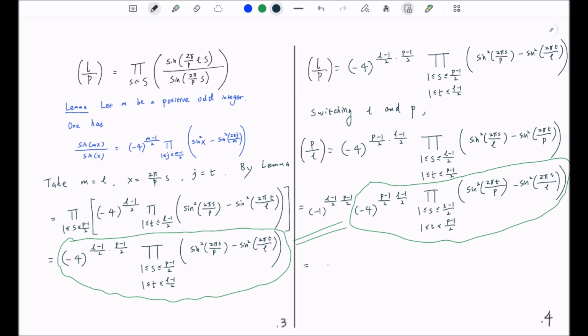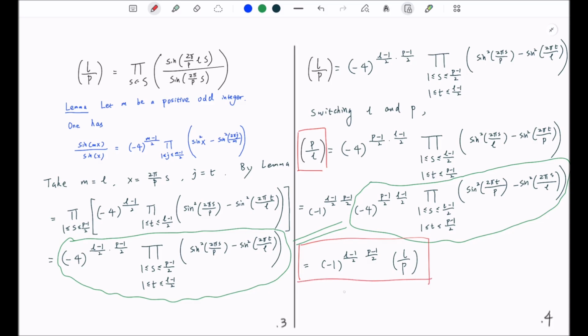And therefore, the last line becomes negative 1 to the power (l−1)/2 times (p−1)/2 times the Legendre symbol of l modulo p. And from here, you can see that we have already proved the quadratic reciprocity law, because this is equal to this.